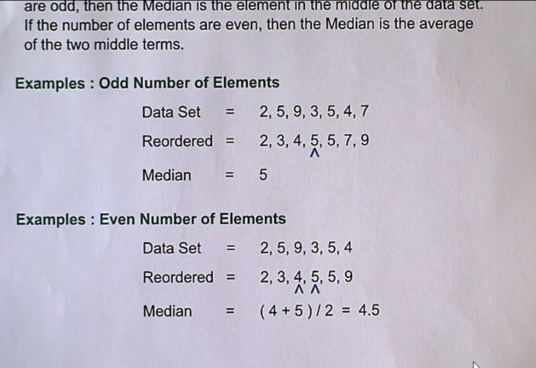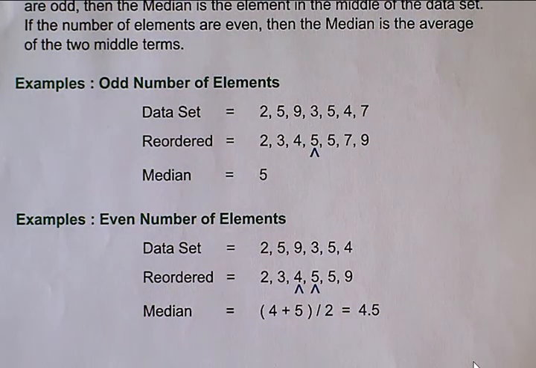So when there are an even number of elements, you have two middle numbers, and you average the two middle numbers. So 4 plus 5 is 9. 9 divided by 2 is 4.5. Again, you're going to have some decimals. You're going to have some 0.5s. About a third of the exercises are going to have 0.5s on your paper. So you'll have a few, just like that one.